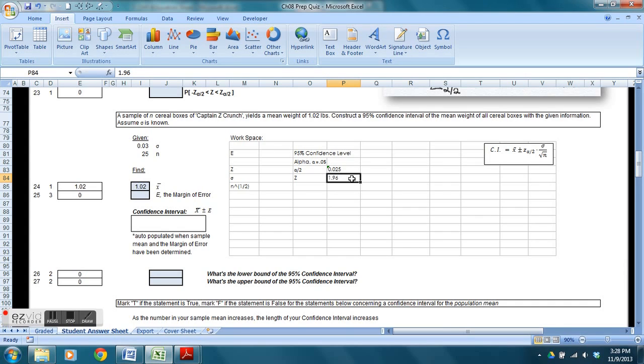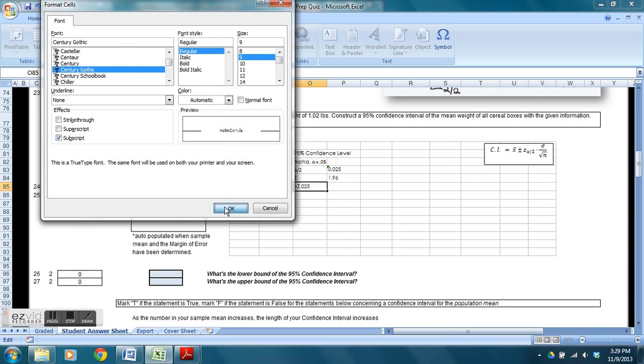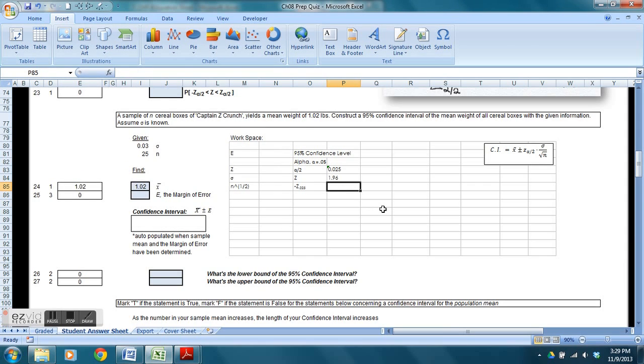Whereas if you see a negative z to the 0.025, that's going to be negative, equals negative 1 times this.